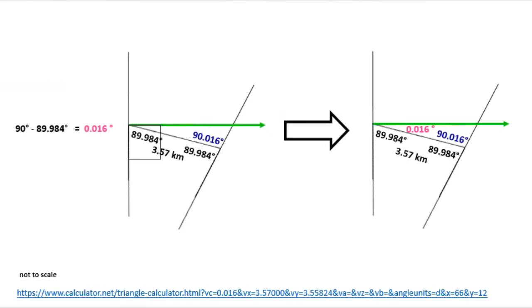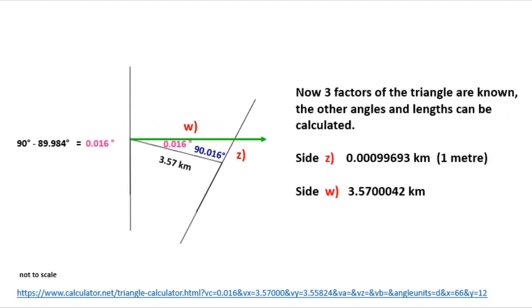Now the other angles can be calculated. Now, three factors of the triangle are known. The other angles and lengths can be calculated: side Z and side W.